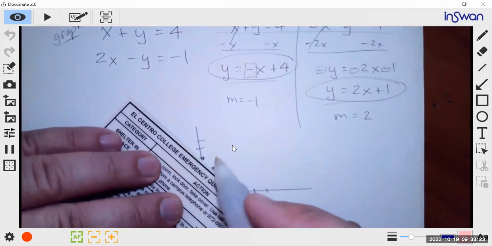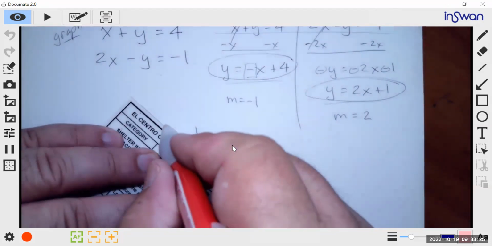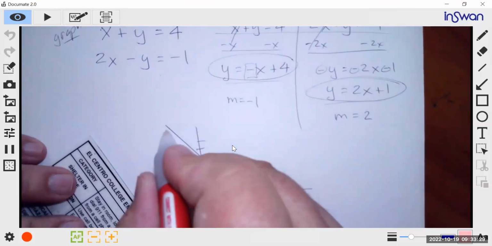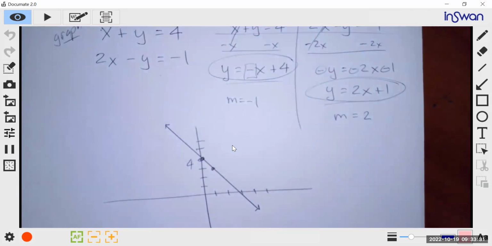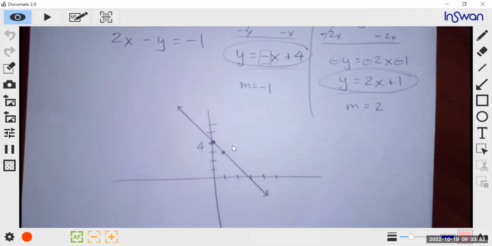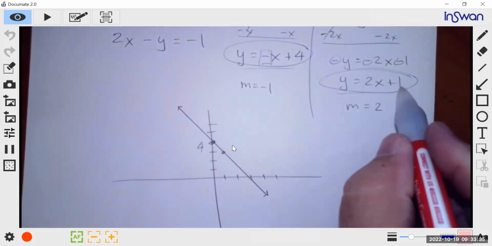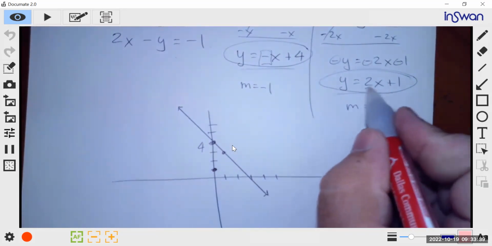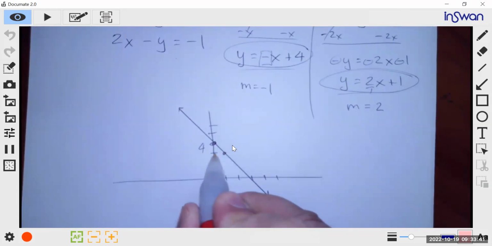Always make the slope into a fraction. And the second equation has a y-intercept of 1. The slope is up 2 over 1.